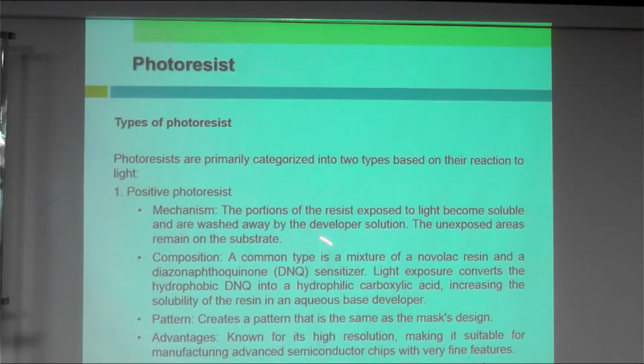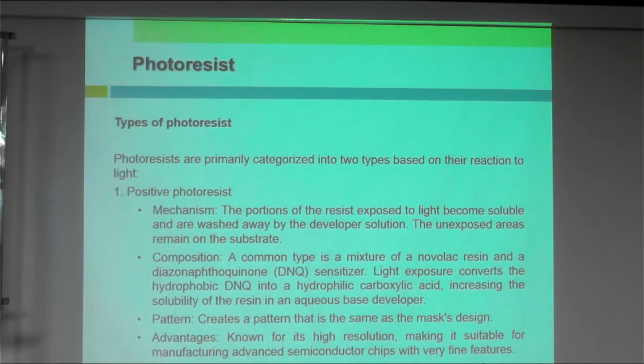Basically, the exposed part will be the part that is removed. The pattern created is the same as the mask design. So whatever you design the mask, that will be the pattern that you will transfer. Meaning to say, the black part of the pattern will be transferred because you are removing the exposed part.